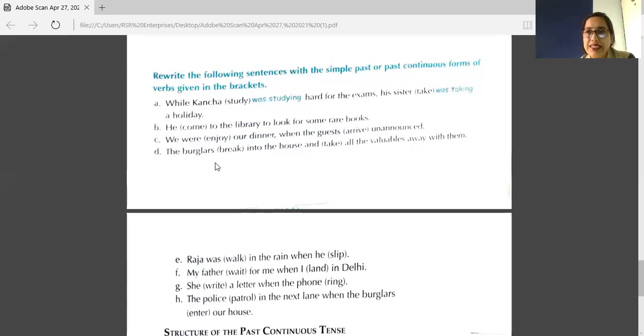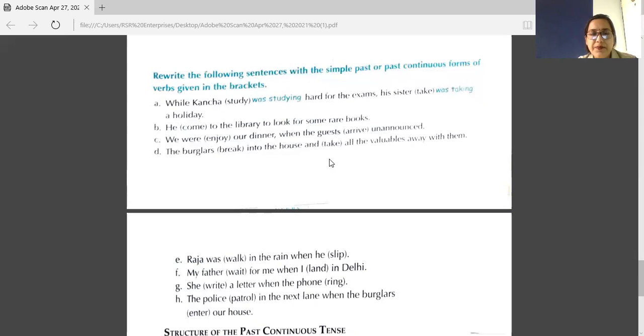Now, sentence number D. The burglars dash into the house and dash all the valuables away with them. Words given here, break and take. Now, you have to write the answer.